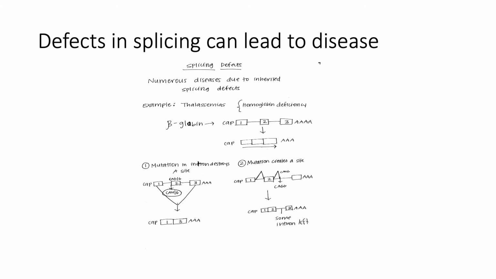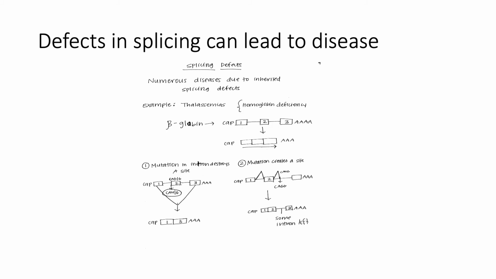On the left-hand side, there's one example. So here we have a mutation that destroys a splice site. In this particular example, we're looking at the intron and exon 2 boundary. So the conserved sequence is CAG, and then that line represents the exon-intron boundary, and then there's a G in the exon. So that's the normal sequence.